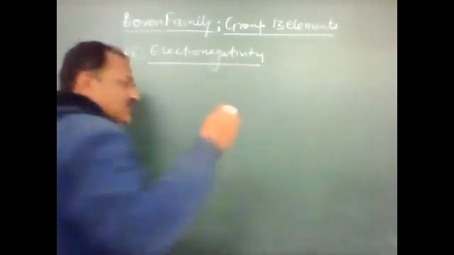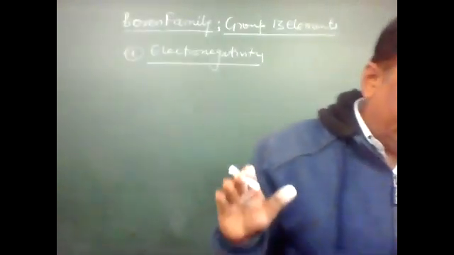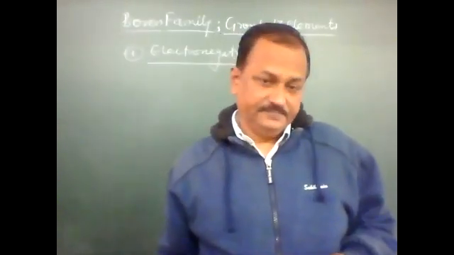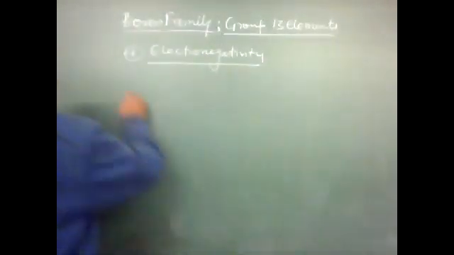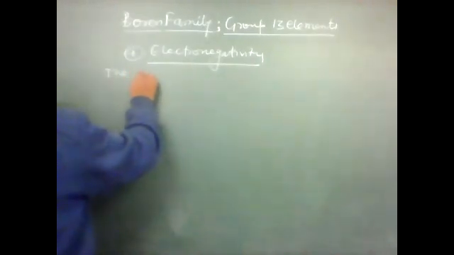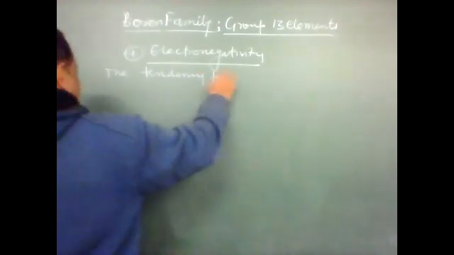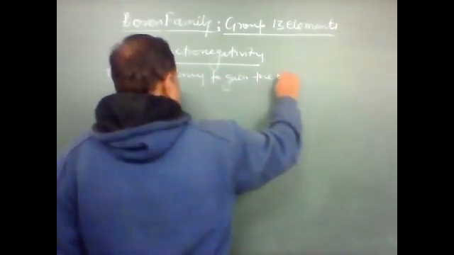So electronegativity, as the name indicates, is the tendency to gain electrons. It is simply defined as the tendency to gain the electrons.